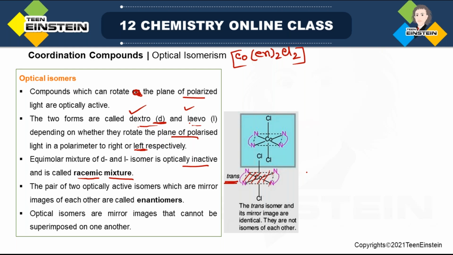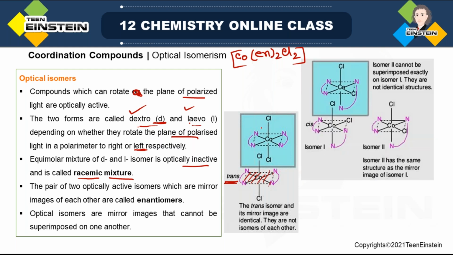But for the same molecule, if the two Cl are now 90° to each other, then it will be cis. So when it is cis, suppose it is isomer number 1, here the two chlorines are cis. Actually it is cis with respect to the two chlorines, because en will always be cis, it has to be. Now this is isomer 1.